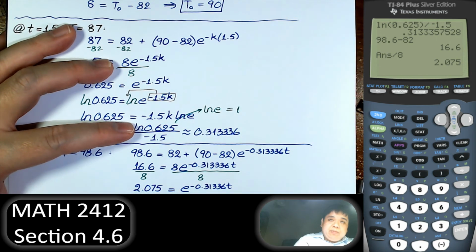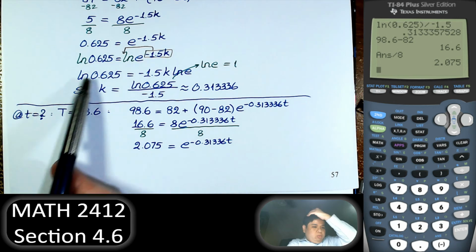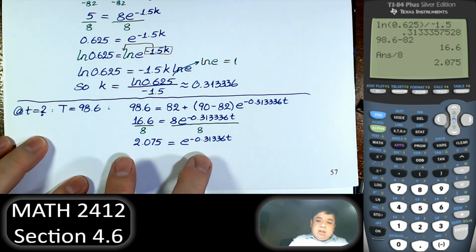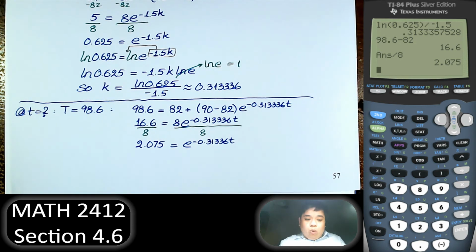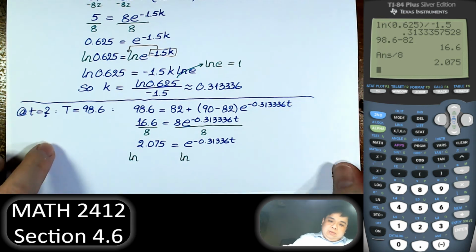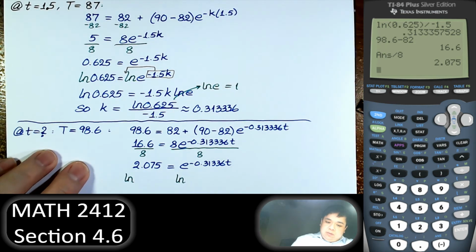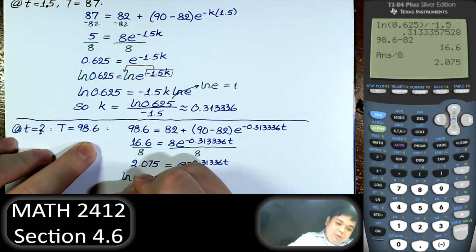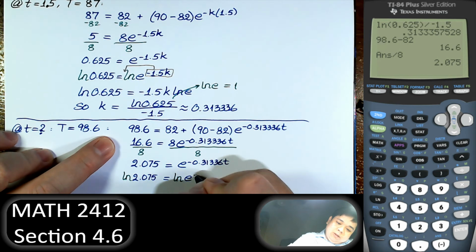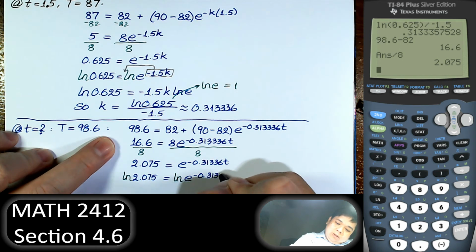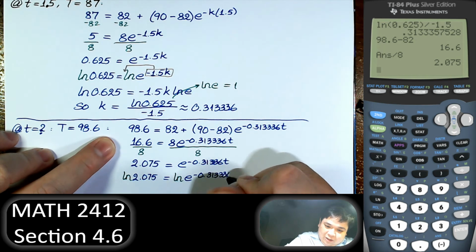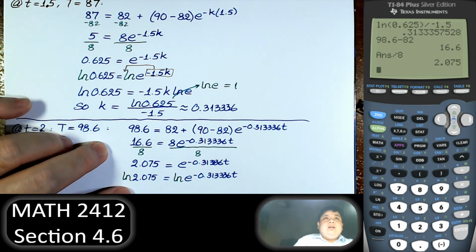0.31336 t. Right, similar to the last one, we take ln on both sides because it is an exponential equation where we cannot convert them to the same base.